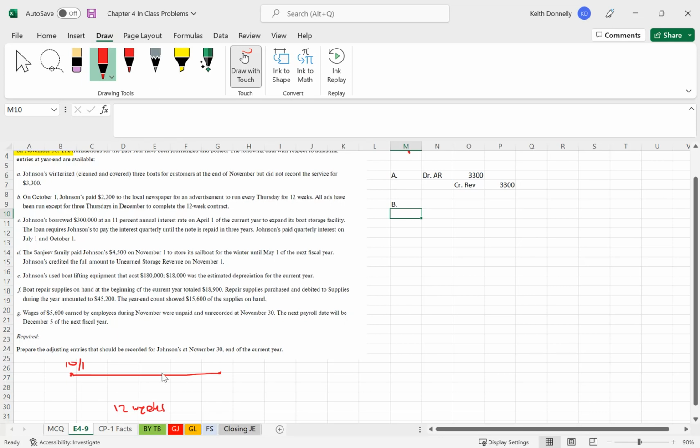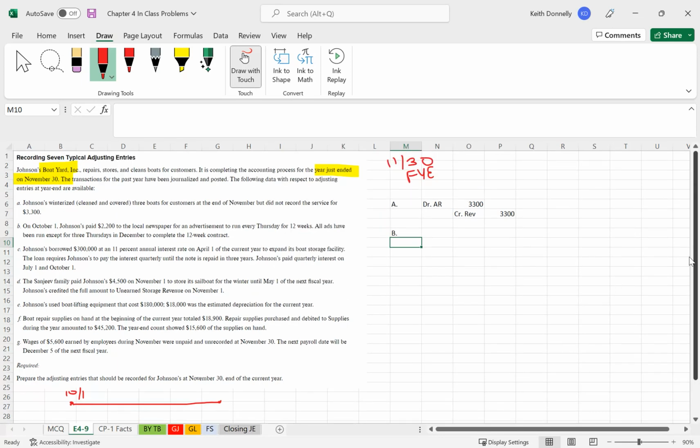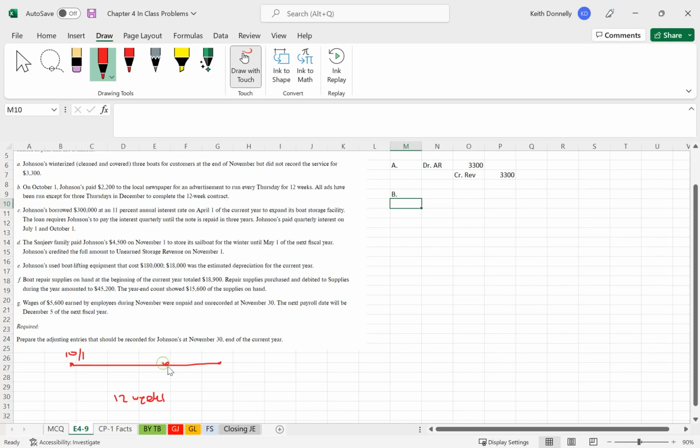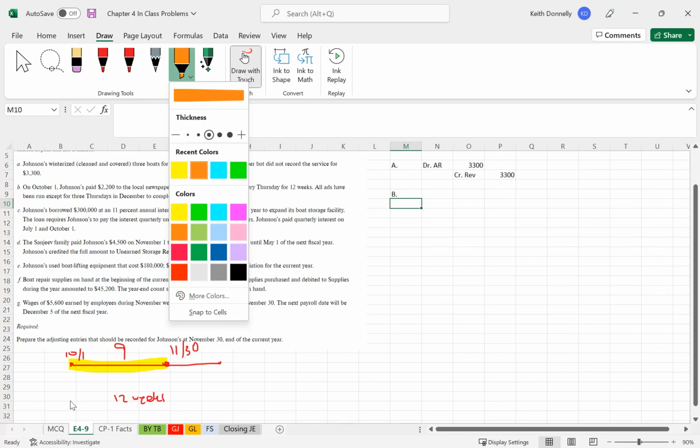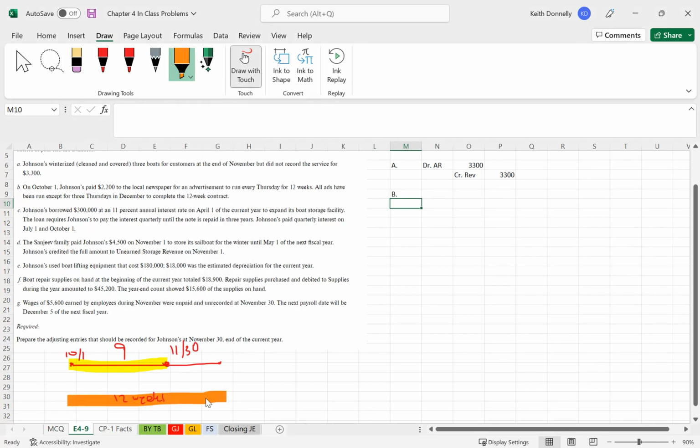Here we are now. Remember I said 11/30? What has happened is, in this case, 9 weeks have passed. So we've got to accrue the expense for 9 weeks, but the whole expense was for 12 weeks.